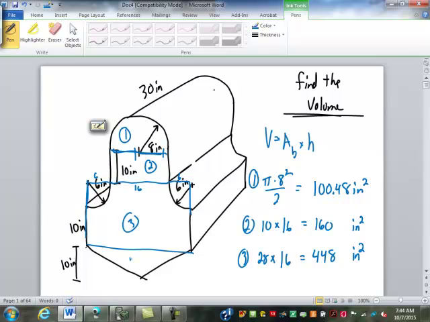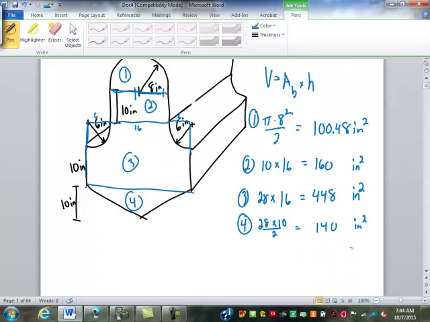And then I've got this 4th piece down here, which is 28 by 10 divided by 2, or 140 square inches. So I add those all up, and I have 848.48. Does that look correct?